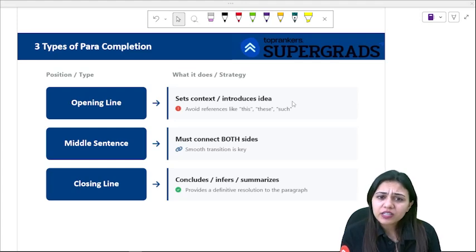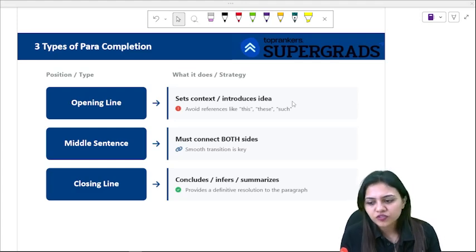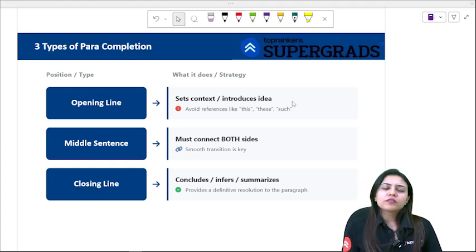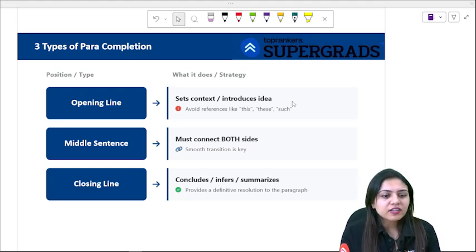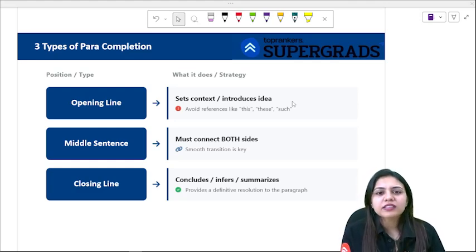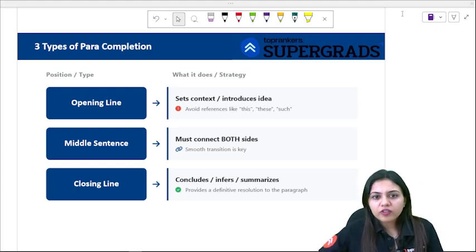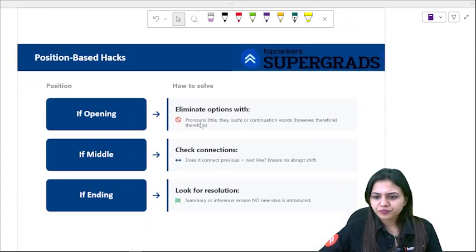And the last statement is the conclusion. Conclusions usually have inferences or usually summarize the passage for us. Generally you will see a definitive resolution to the paragraph, something that is tying the loose ends, something that basically helps us capture the entire idea of the passage. So that is what we are looking for when we are looking for a conclusion.